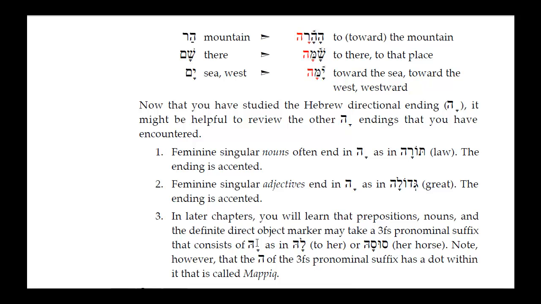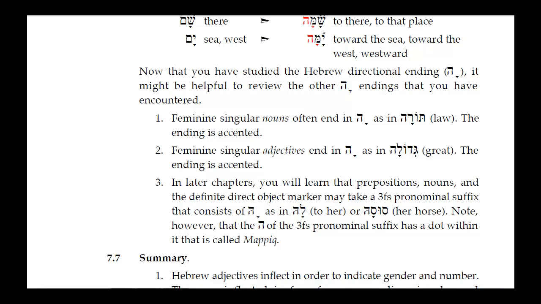We say that little Miss Mapik lost her sheep. That tells you that it is a third feminine singular ending, as in la, to her, or susa, her horse. Note that the hey of the third feminine singular pronominal suffix has a dot within it called a mapik. We'll get into pronominal suffixes a little bit later on.